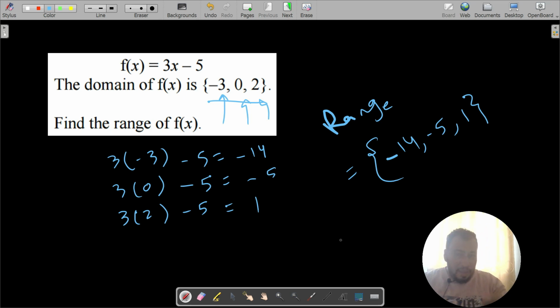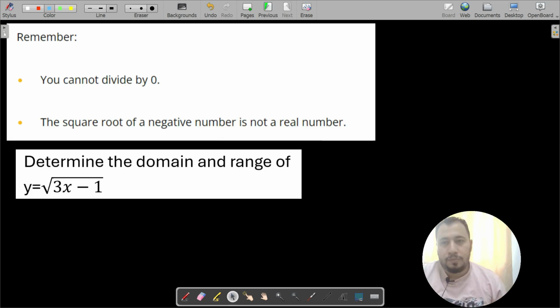In the next part, we are going to have a function, and he will ask you to get the domain and the range of that function. So please pay attention. It's very important and easy also. Here, when you have to get the domain and the range of any function, you have to remember two important things.